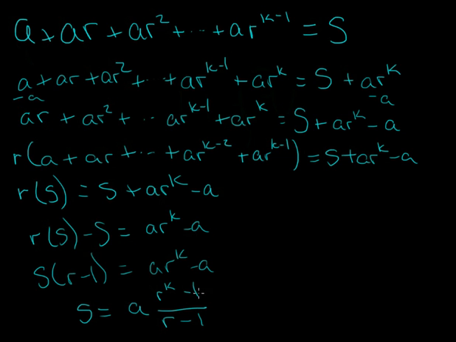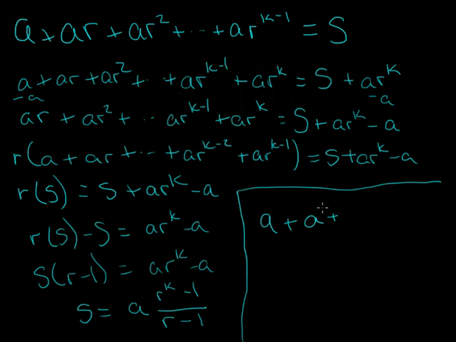This means, however, that our common ratio cannot equal 1, or else we get a 0 in the denominator, and we can't have that. So how would we find the sum of a geometric sequence where the common ratio is 1? Well, let's take a look at such a sequence. The first term would be a. The second would be a times r. The ratio is 1, so it would be a.